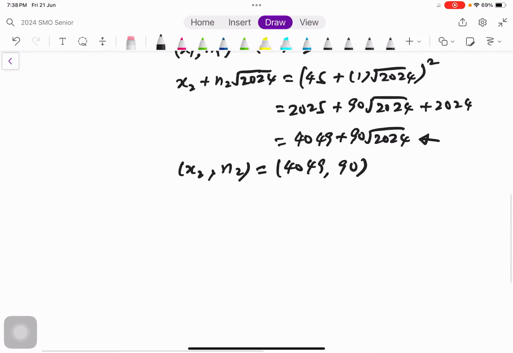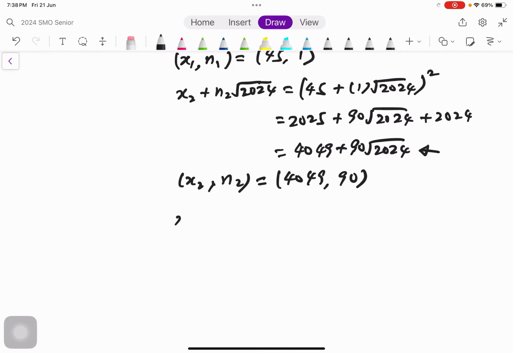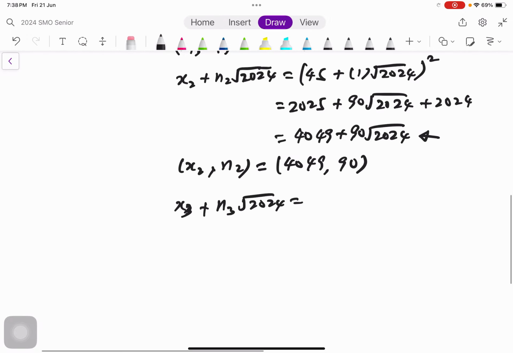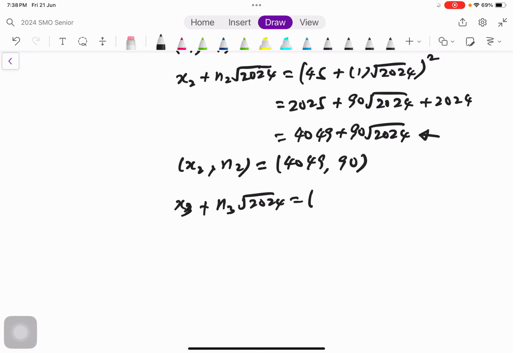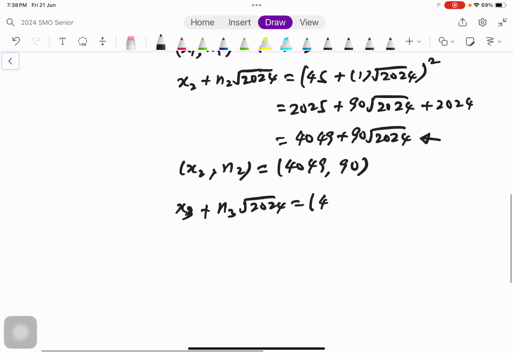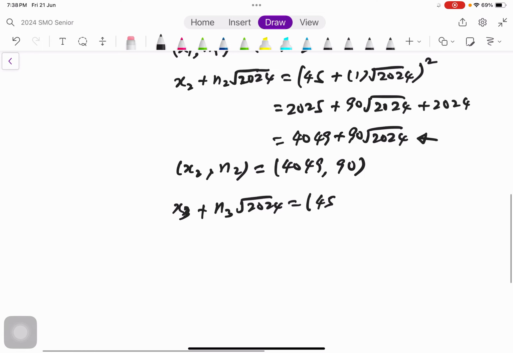Next, we look at k equal to 3. That means we are looking at x3 plus n3 square root of 2024, the next solution. And this would be just equal to 45 plus 1 square root 2024, to the power of 3.